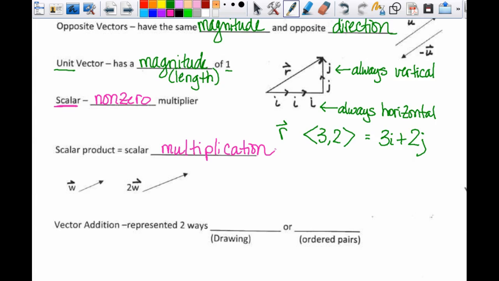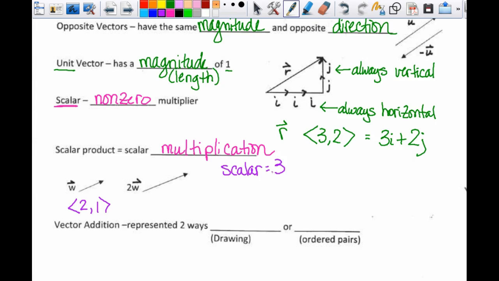I know that these aren't on a grid, but we're just going to pretend here. We're going to pretend that vector W is 2, 1. So geometrically, it's just twice the length, but in the exact same direction, right? But it can be in a different place. So if I'm going to use the scalar, my scalar equals 3, which just saying scalar seems odd to me, but that's the correct way to say it.